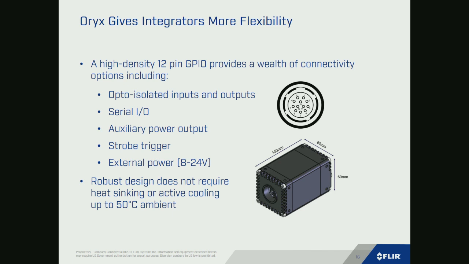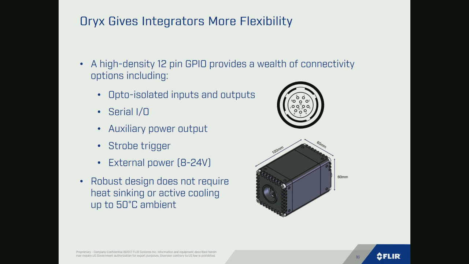To maximize the flexibility for integrators, we've given Oryx a 12-pin high-density GPIO. We have opto-isolated inputs and outputs, non-opto-isolated inputs and outputs, serial I/O, auxiliary, strobe, trigger, and a power supply that operates over a wide range of voltages.